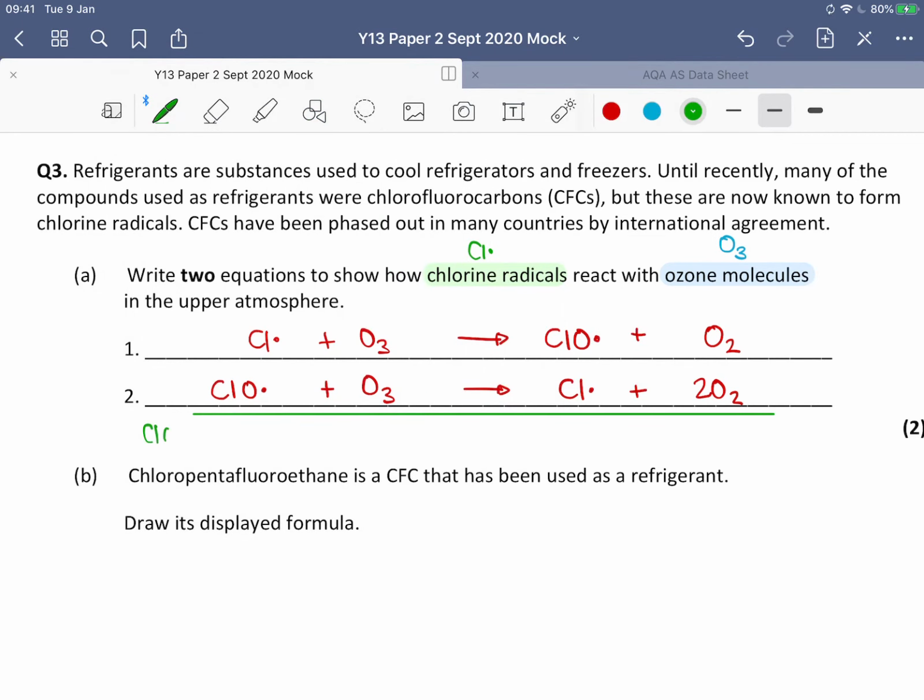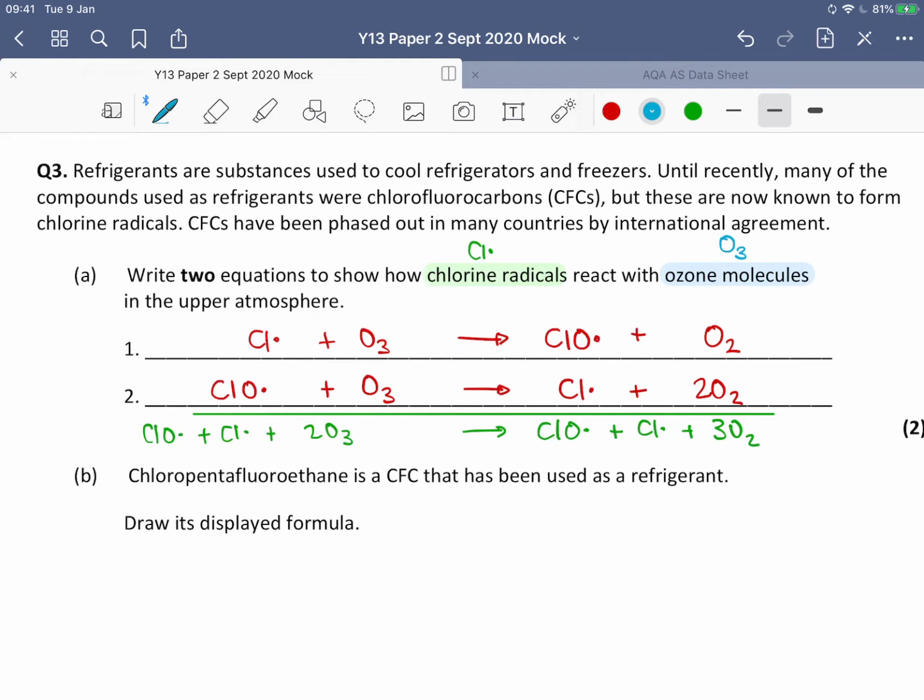We've got our chlorine free radical, and then another chlorine free radical, and then 2 ozone molecules, going to, in the same order, chlorine plus chlorine plus 3 O2 molecules.